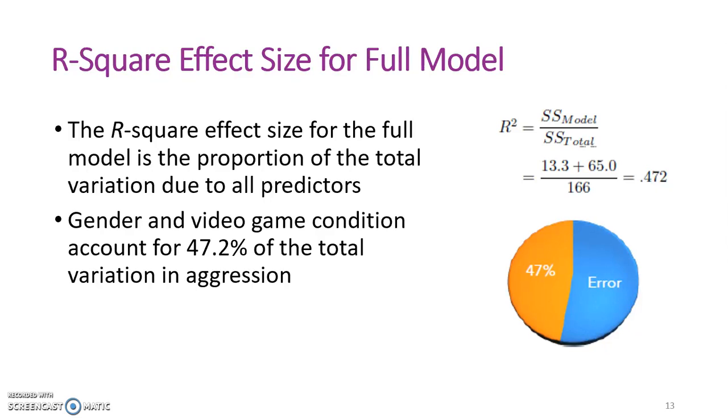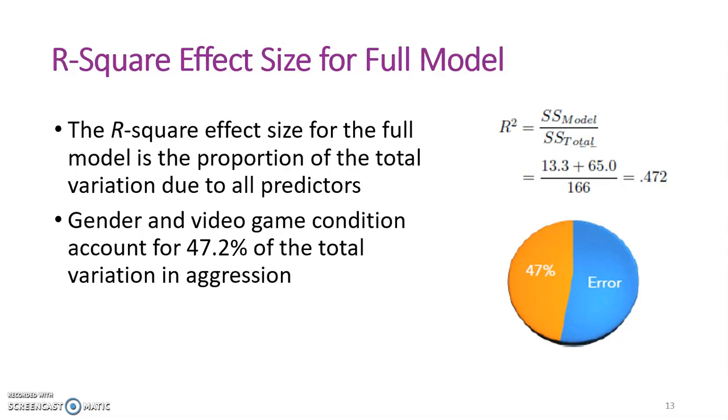So how we get this is that we sum the sums of squares from each predictor. So the model sum of squares is the sum of the sums of squares for both predictors. And you can see that calculation over here on the right side of the screen. So it's the sum of squares for gender and the sum of squares for video game condition, divided by that total sum of squares, like we're used to seeing.